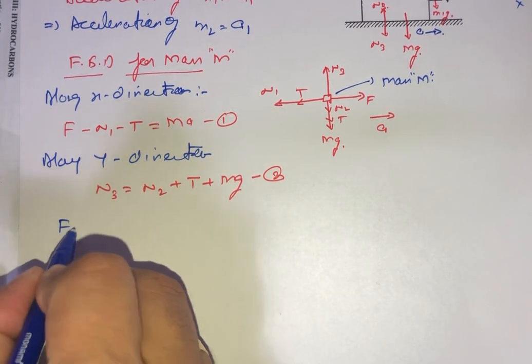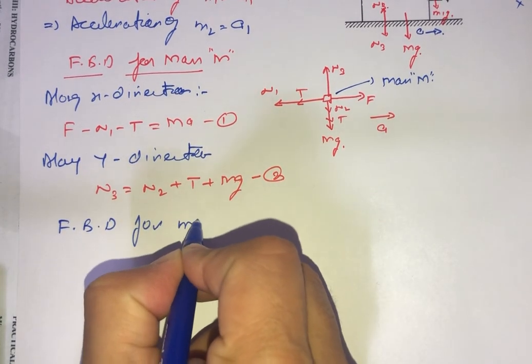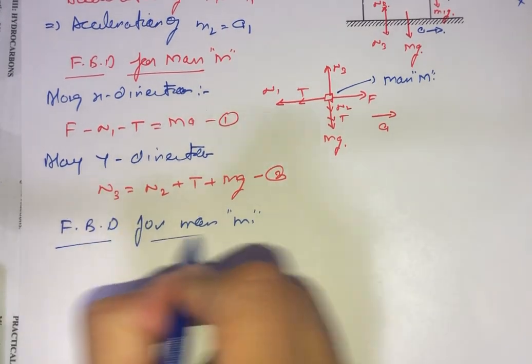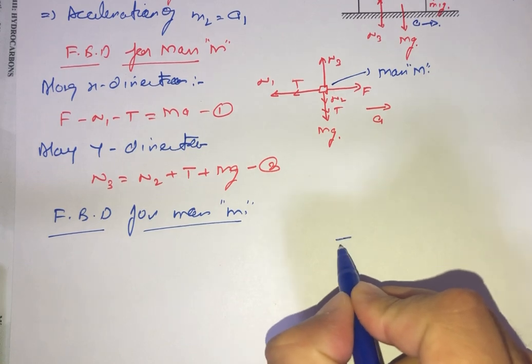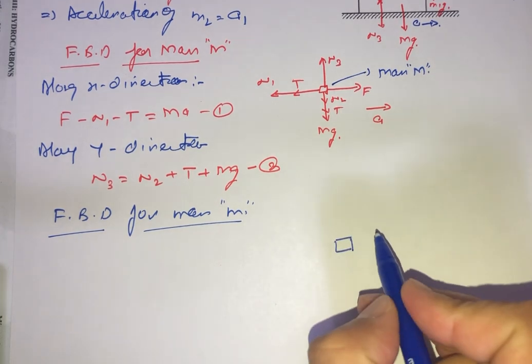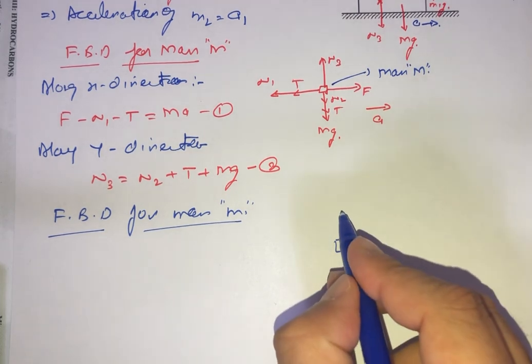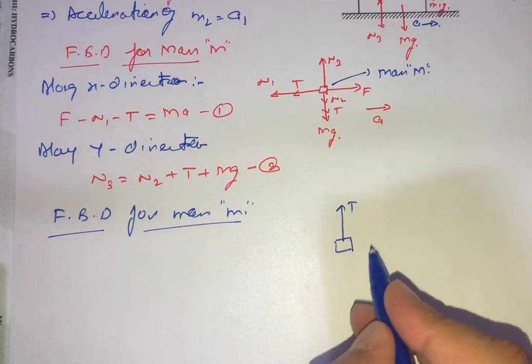Now we draw the free body diagram for small m1. Okay, say free body diagram for mass m1. Let us say this is our m1. Okay, and there will be T in the upward direction.